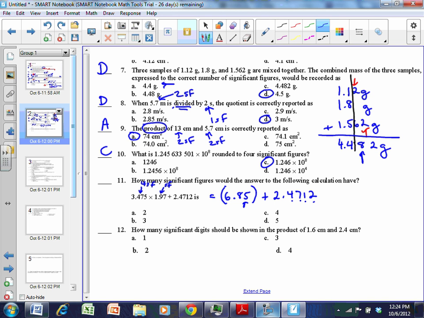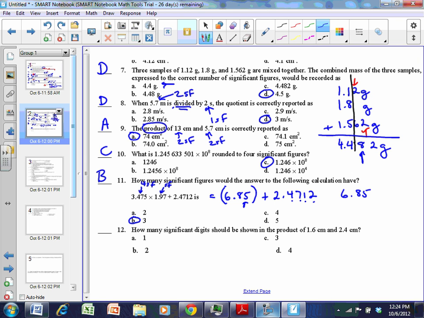So my answer better have the hundredths place in it, so it's going to be 3 significant figures. Okay, be careful, because if that sum is more than 10, it could have 4 significant figures. So let's make sure we do this all the way through.